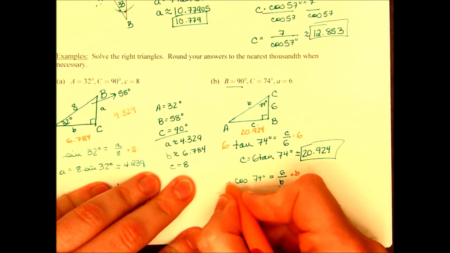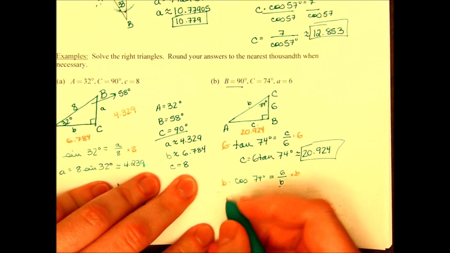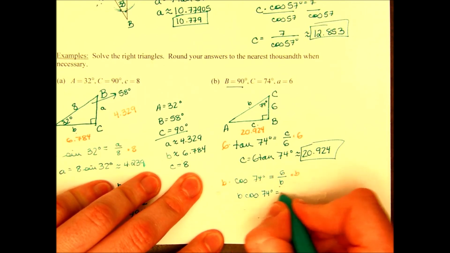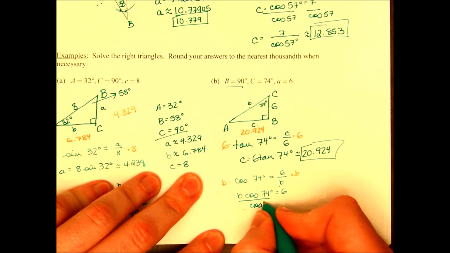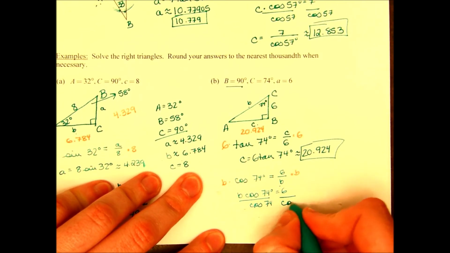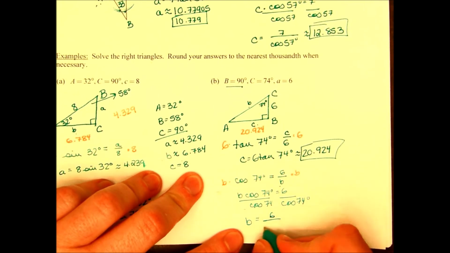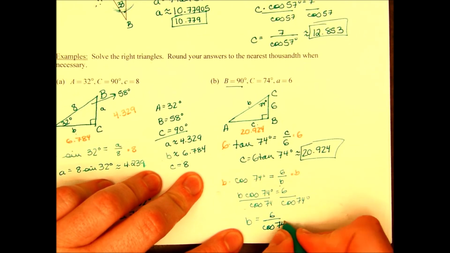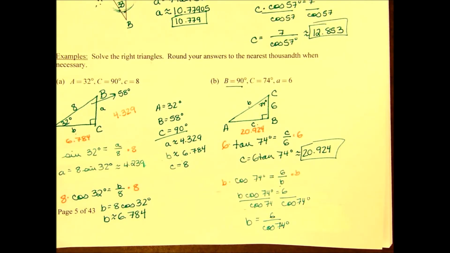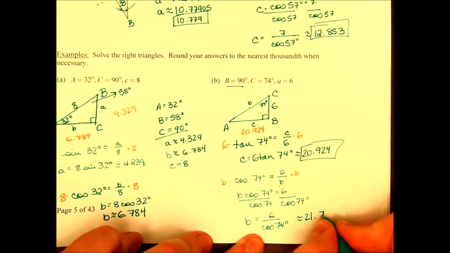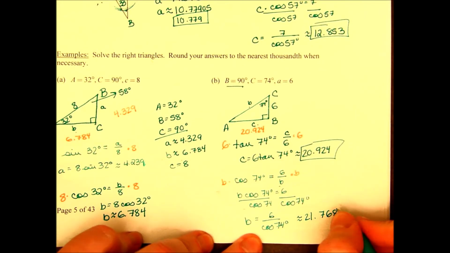I'm going to multiply both sides by B. It's going to give me B cosine 74 degrees equals 6. I'll do some division. So letter B equals 6 over the cosine of 74 degrees. Go to your calculator. 6 over the cosine of 74 degrees should be about 21.7677, which is going to round to 21.768.